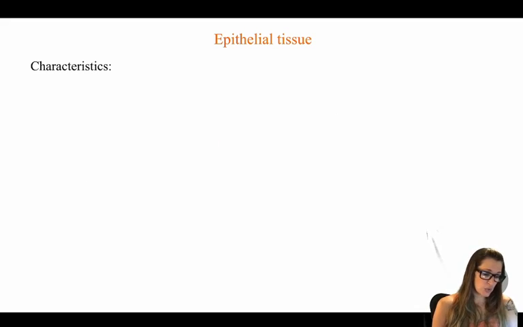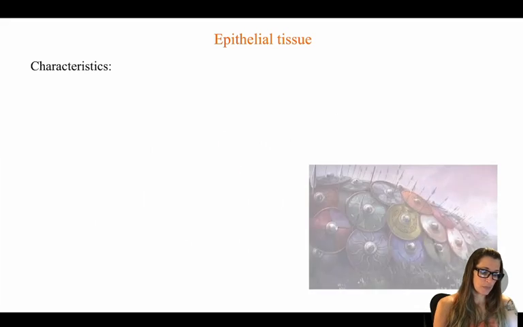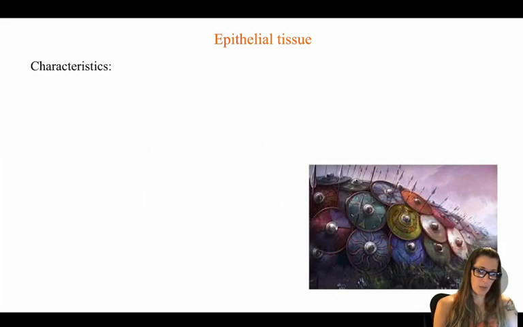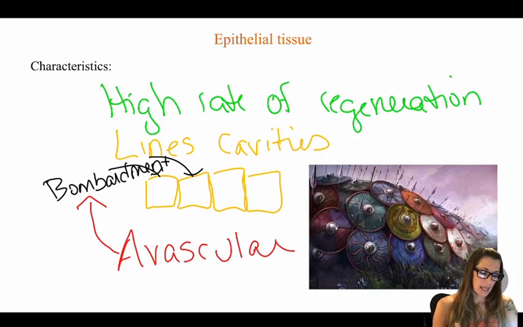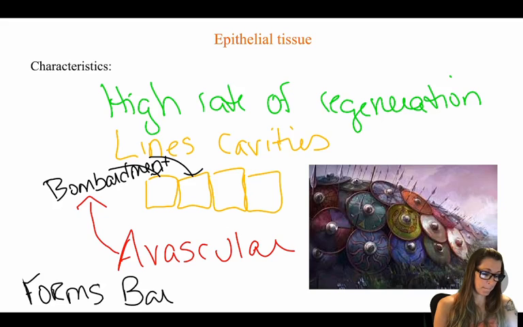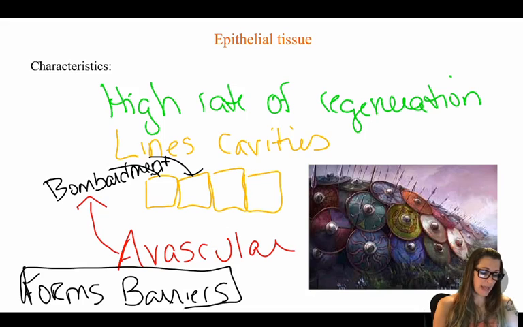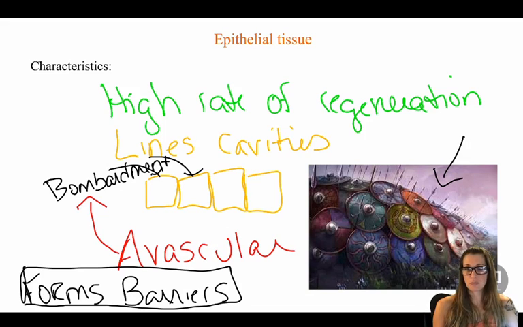And sort of like the take home, I guess, from this is that what epithelial tissue does, its major function, is it forms barriers. And so the way that I like to think about epithelial tissue, and I think this image is beautiful, is it's like a shield wall.